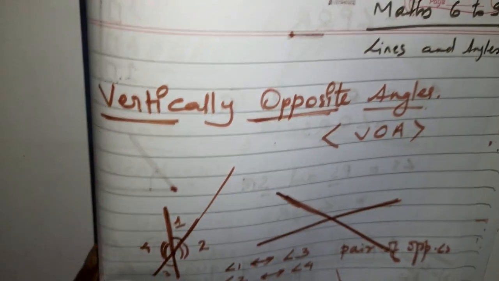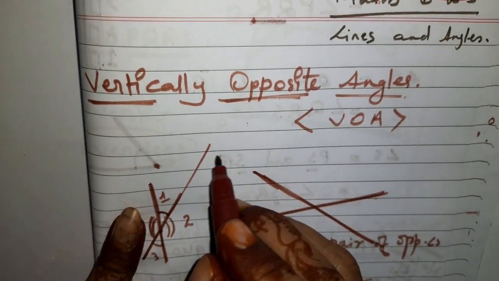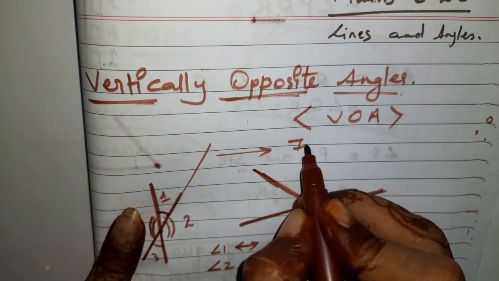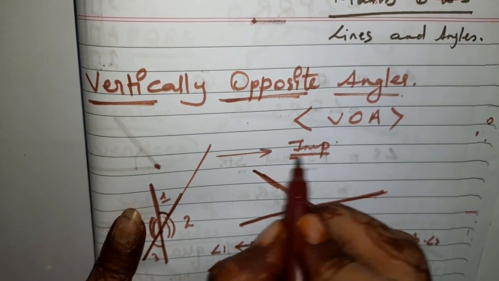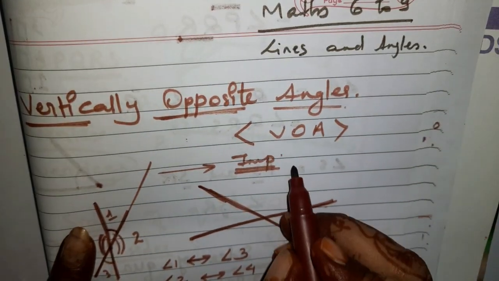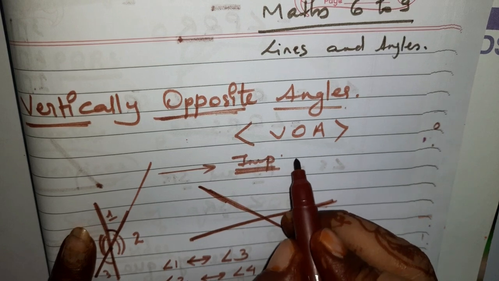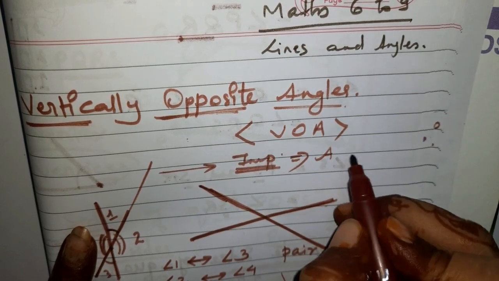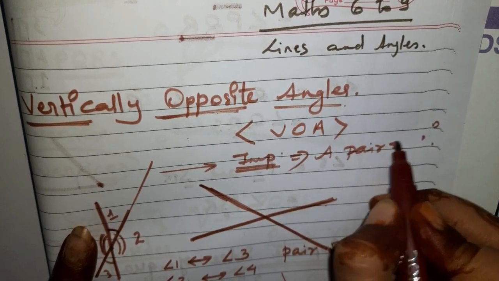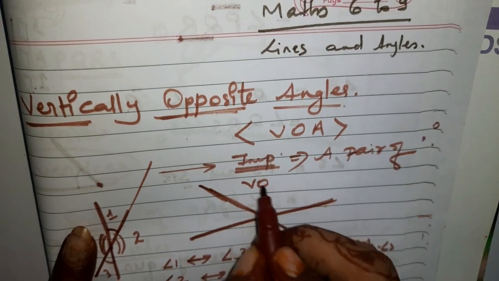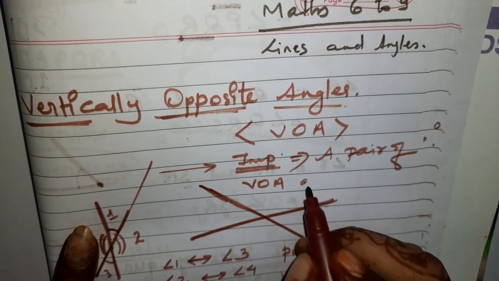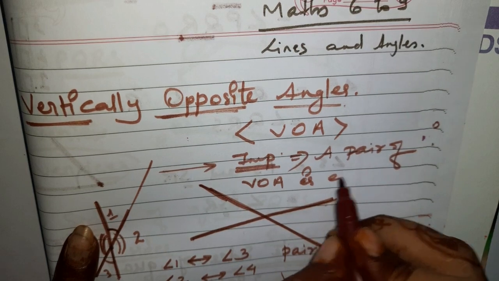So you have to keep this in your mind. This is a very important point which is going to be used almost everywhere in geometry. And what it says is that a pair of vertically opposite angles is equal.